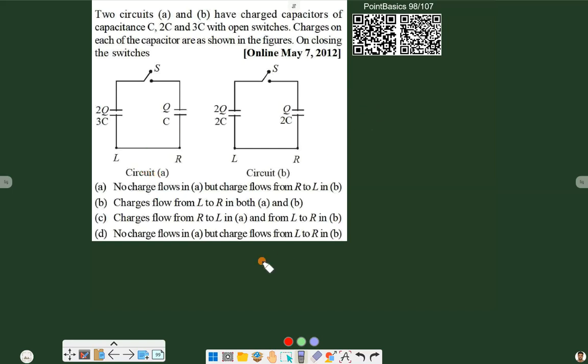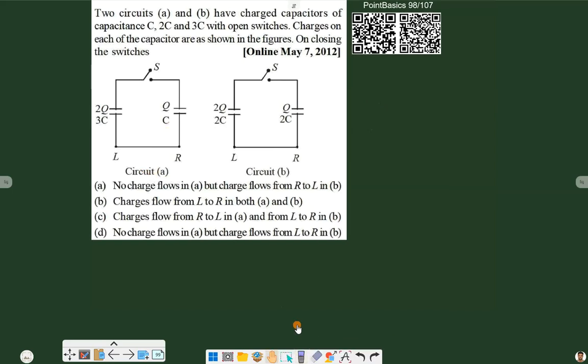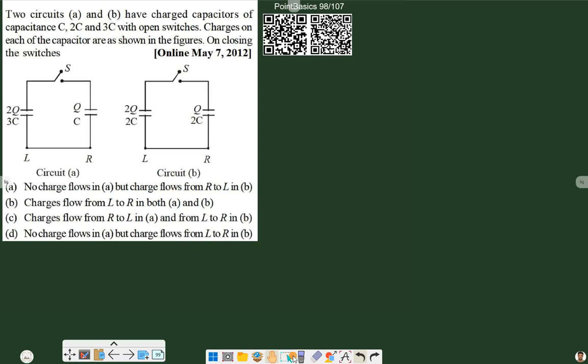First we will be solving for circuit A. For circuit A, we know that Q is equal to CV, and from this, potential is given by Q by C. So for this capacitor, we name it capacitor A and we name this one capacitor B. This is capacitor D and this is capacitor E.